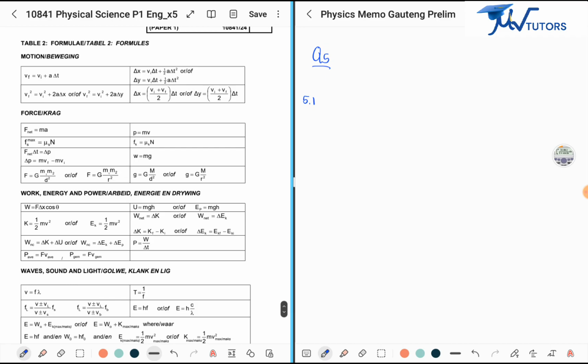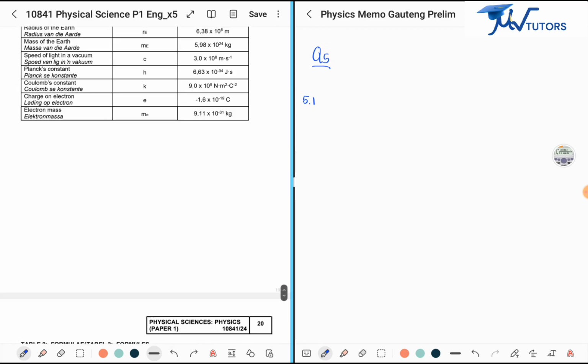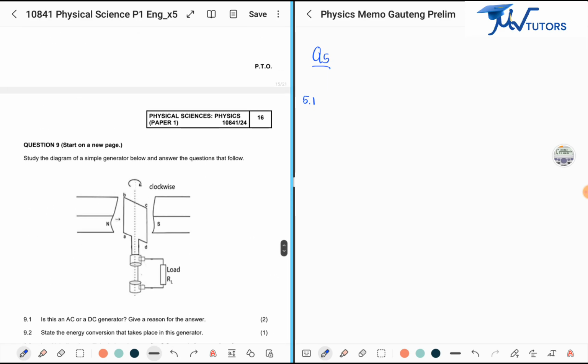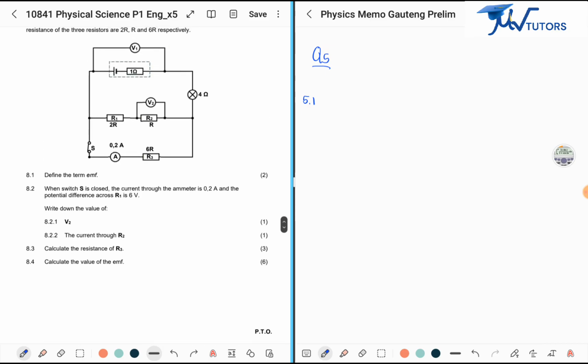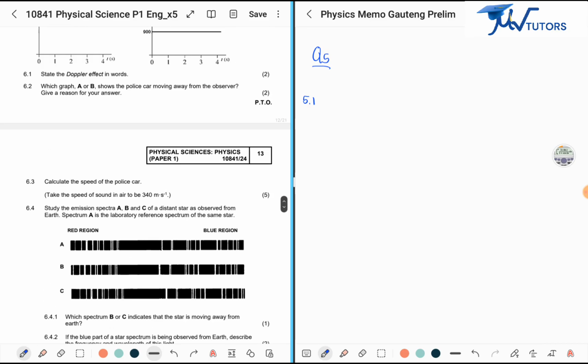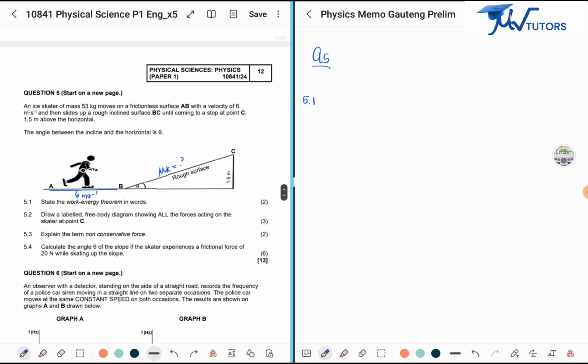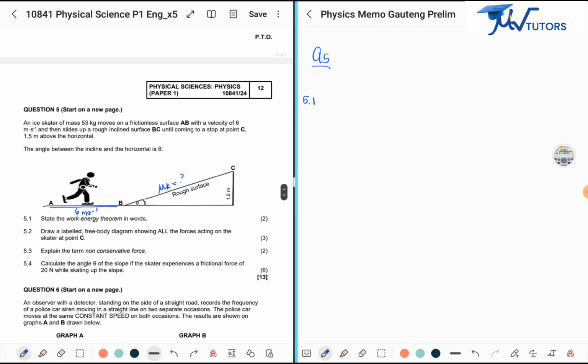The net work done by a force, or by a net force, is equal to the change in kinetic energy. So going back to question 5, we're done with 5.1.